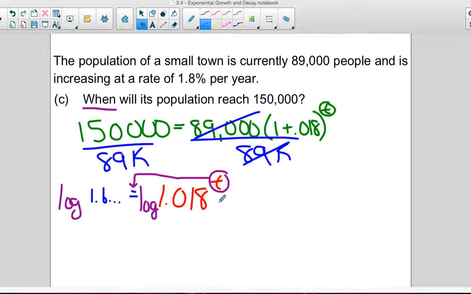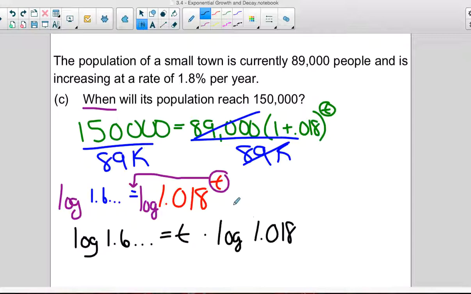And now it's no longer an exponent, right? So just to rewrite it, it would be the same thing on the left side, except it would be log of 1.6 on and on and on, whatever I had in the calculator, is going to equal, and then the t comes out in front, times log of 1.018.